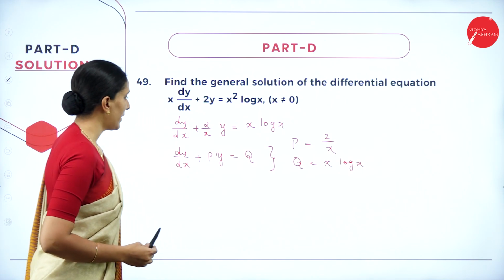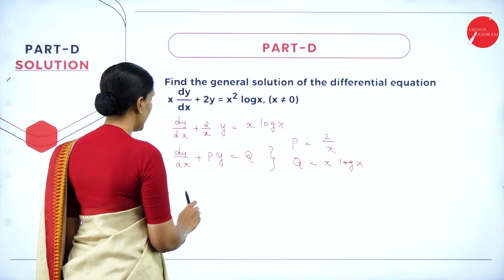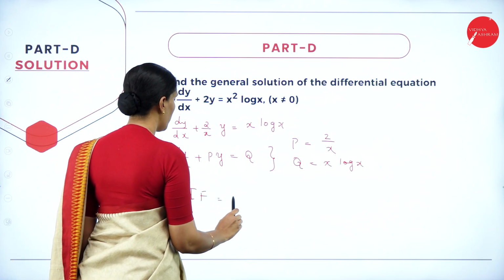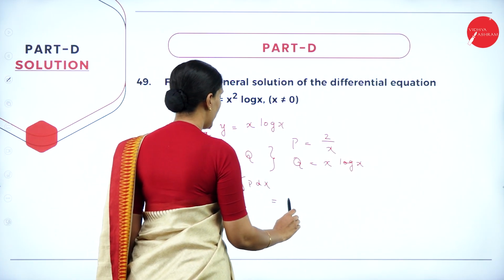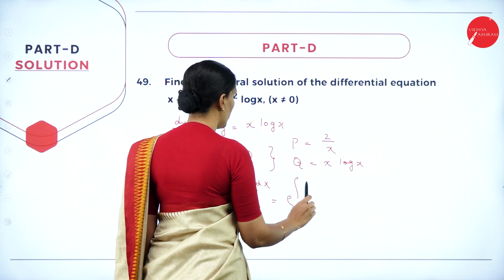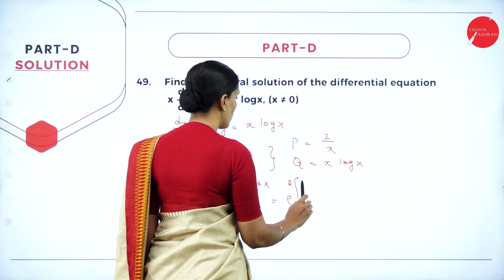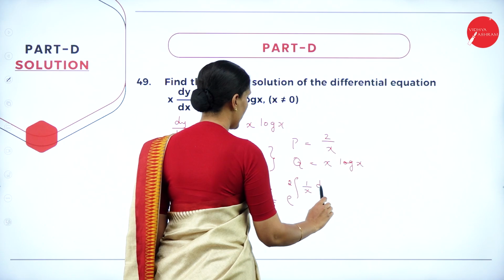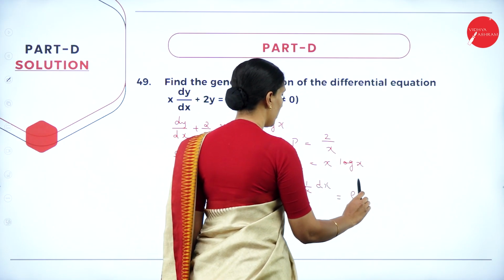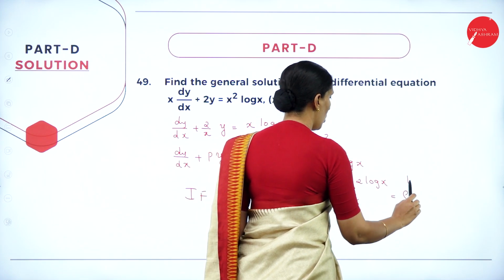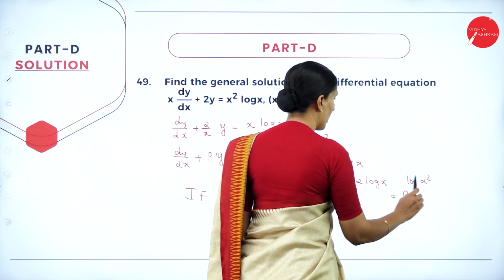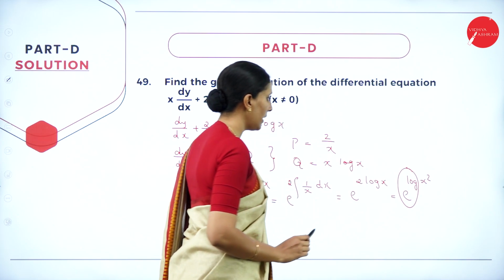So now by taking the solutions here, integrating factor is equal to e to the power integral of p dx. So if we take this, it is integral of 2 by x, I'll keep 2 outside, 1 by x dx. So which is e to the power 2 log x or e to the power log x square. E power log can be taken out.